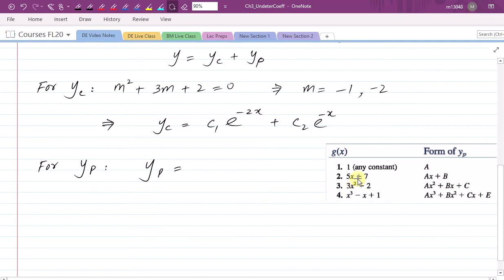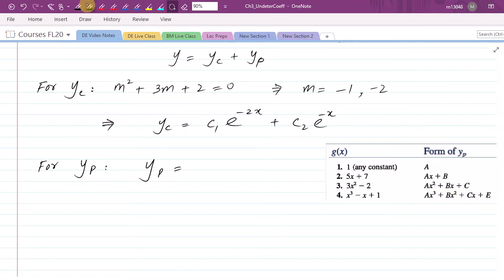If it is quadratic, we start with a quadratic, and also note, even if we do not have x here, we still put the x here. So for 3x squared minus 2, we start with ax squared plus bx plus c, and all signs are positive, although this 2 is negative, we have c as positive. Again, the same, cubic is the highest power, so we write the complete general cubic. No x square, but still we have x square.